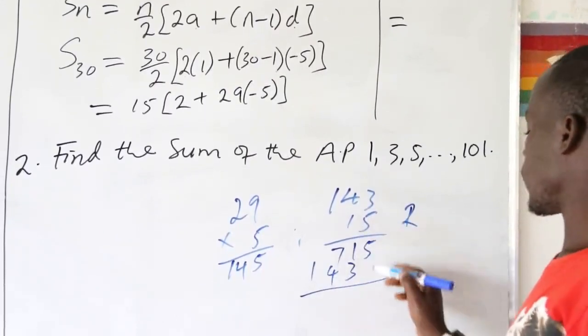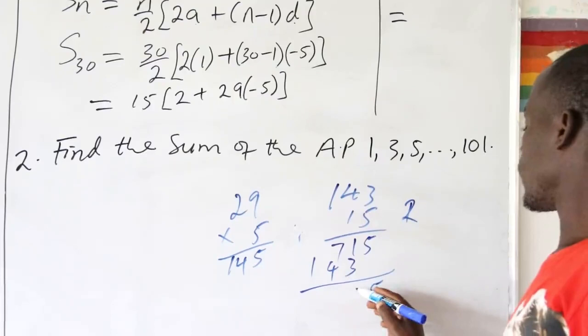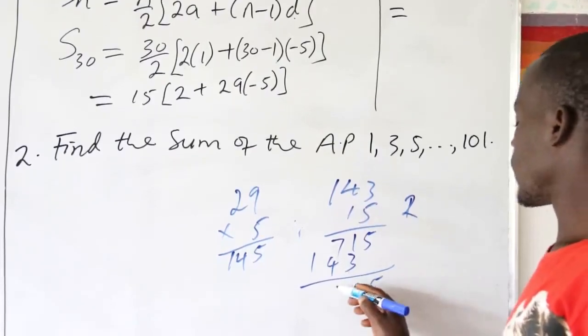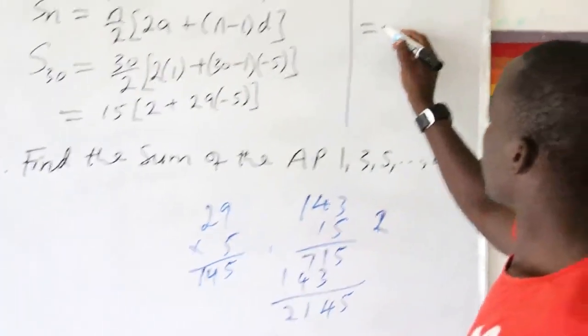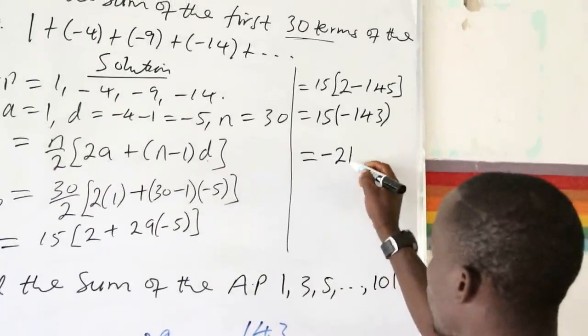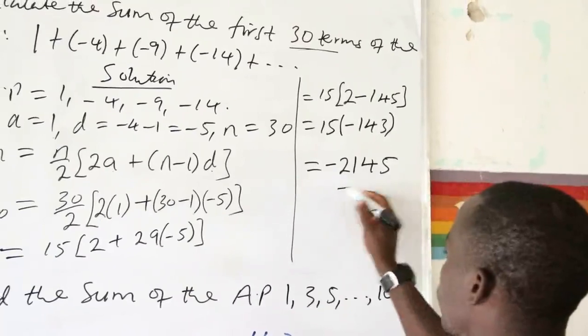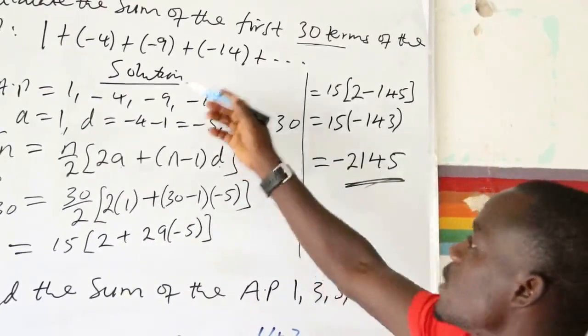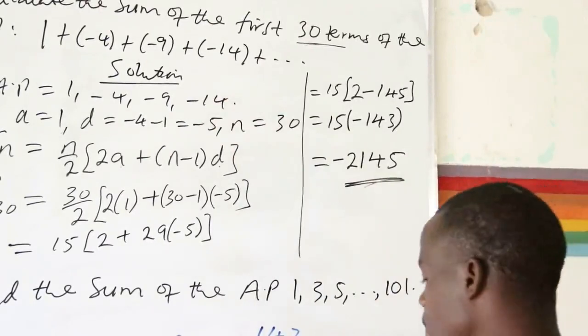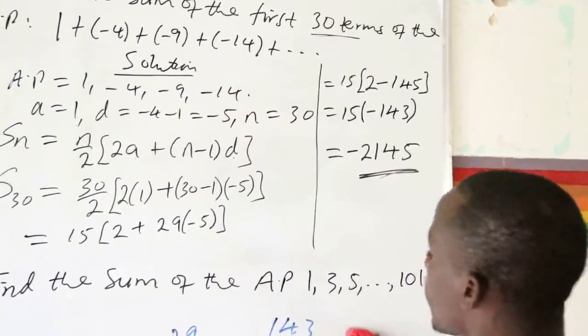Then you add: we have 5 here, we have 4 here, we have 11, write 1 carry 1, then we have 2. So the answer will be minus 2,145. That is the sum of the first 30 terms of this AP.